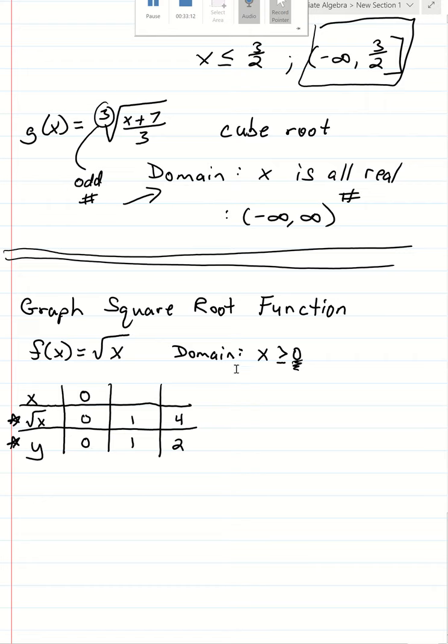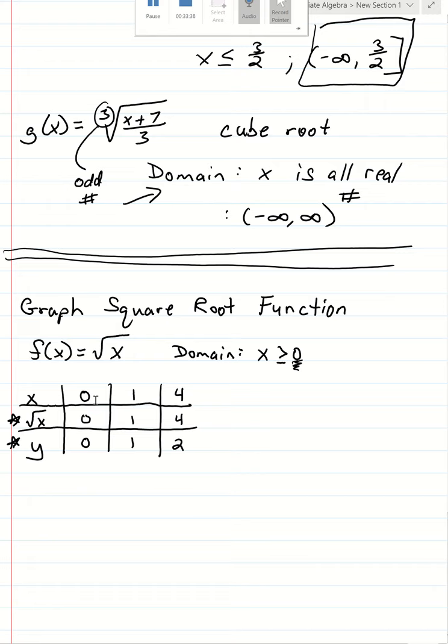Next, I need another number, also greater than 0, that when I plug it in, I get 1. So the answer, of course, would have to be 1, because if I take the square root of 1, we will get 1. Now I need one more number, a number such that I get 4. Well, x would have to be 4.